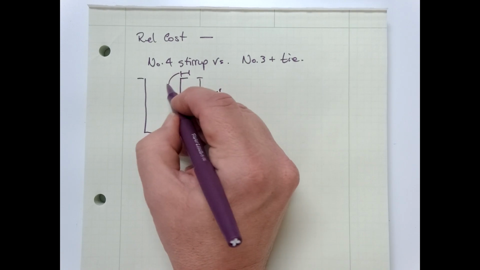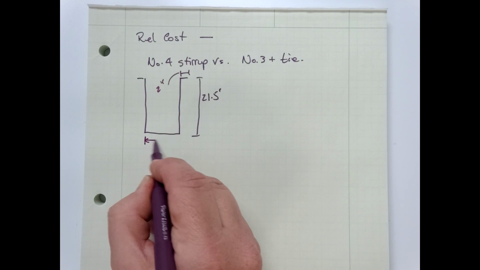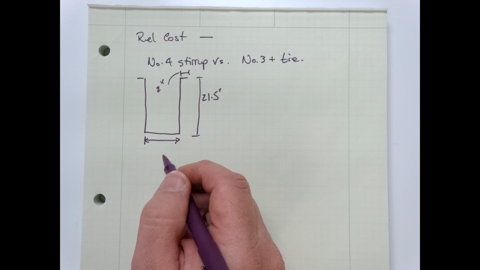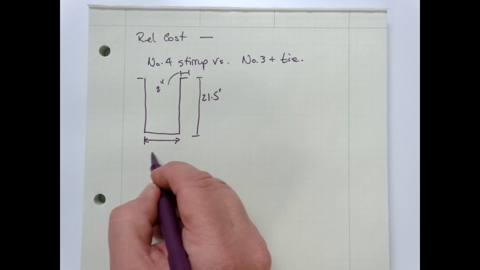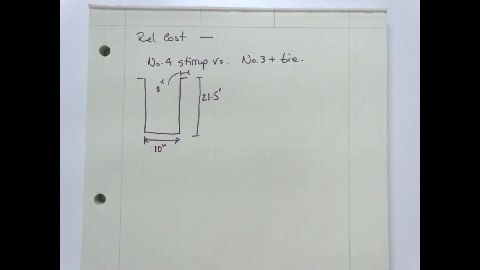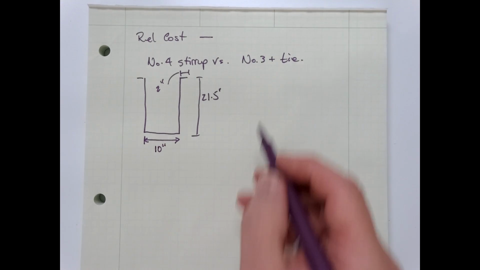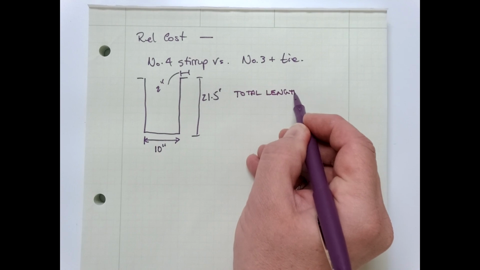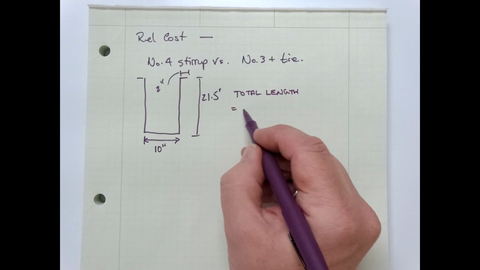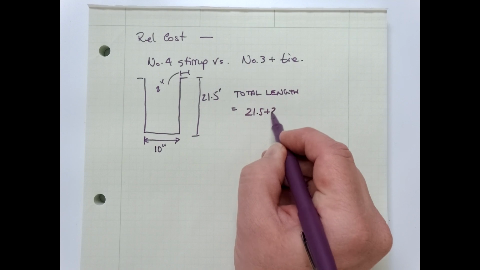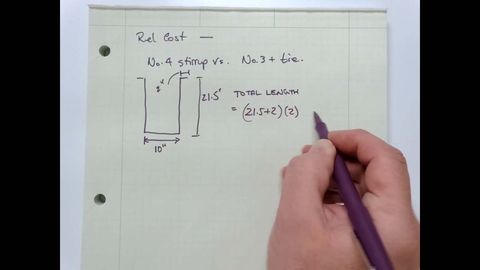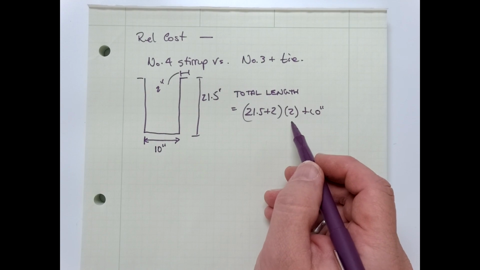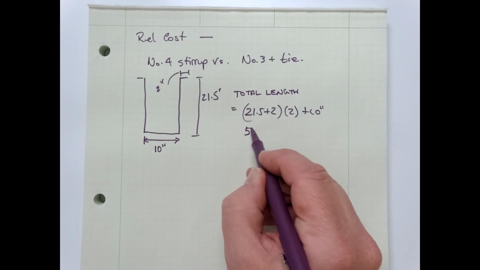This distance is probably 2 inches, and this distance is 4 number 8s, so 4, 7. What did we say B was? 12? So this is going to be probably 10 inches. So the total length of this stirrup is equal to 21.5 plus 2, there's 2 legs, plus 10 inches. So that's 23.5 for 47, 57 inches, right?